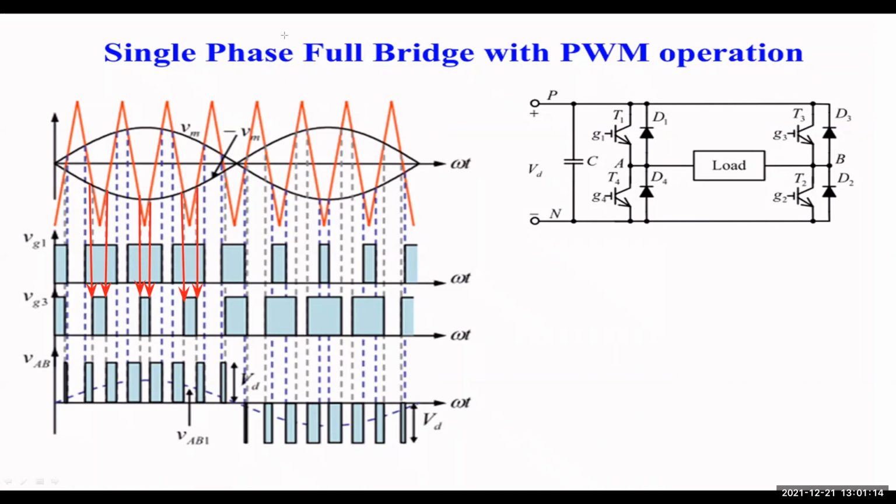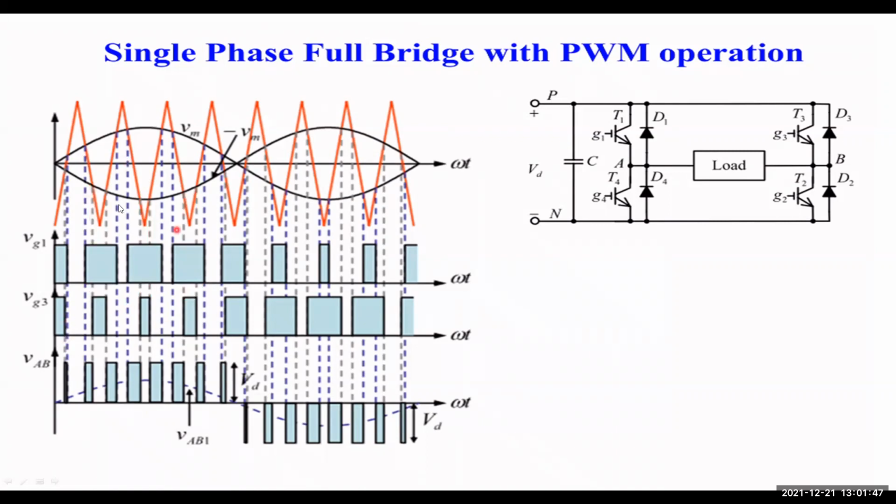That means these two are not exactly complement. This waveform and this waveform are approximately the same. This is for the positive cycle, and this is also for the positive cycle. For the negative reference signal, the positive cycle is the same in both. Here for the positive reference signal, these are the positive output triggering pulses.